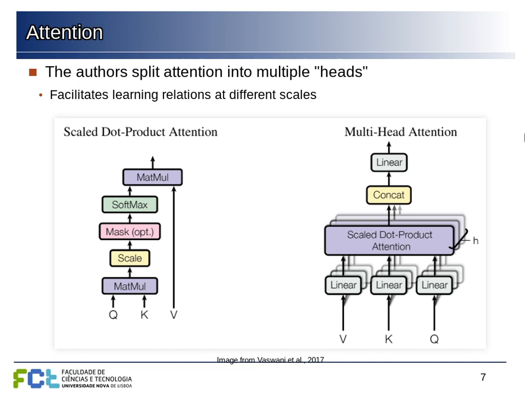And actually it's created in this multi-head attention, where we take linear combinations of the values, the keys, and the queries, and we split these into parallel attention heads, and then concatenate everything at the end and take a linear combination of that concatenation.